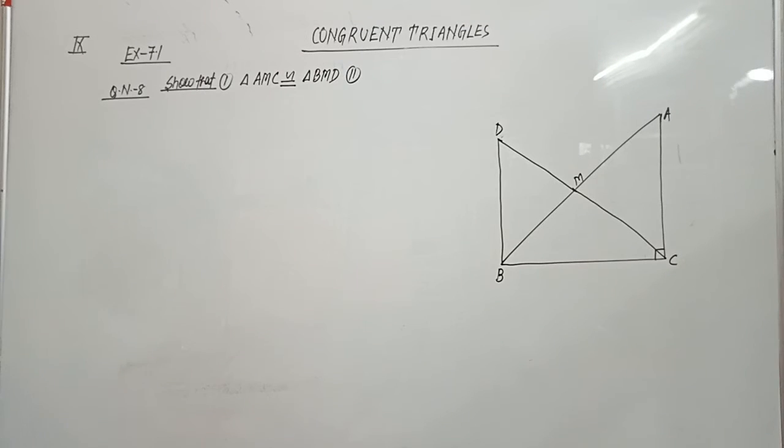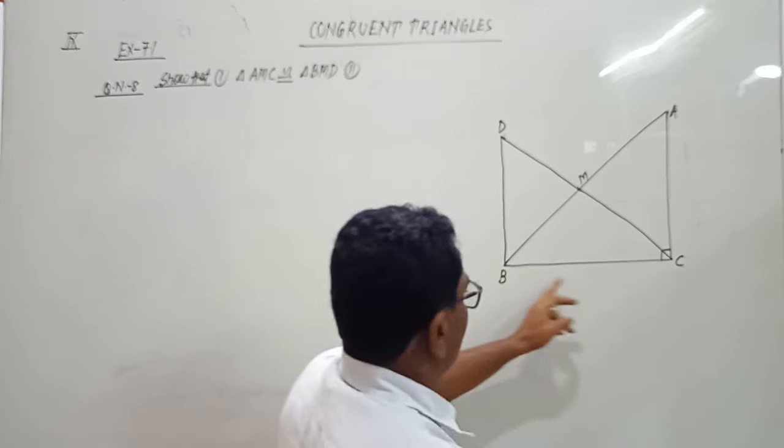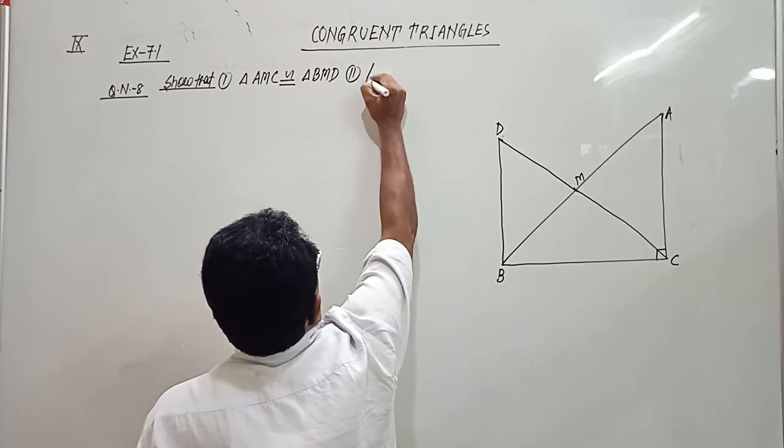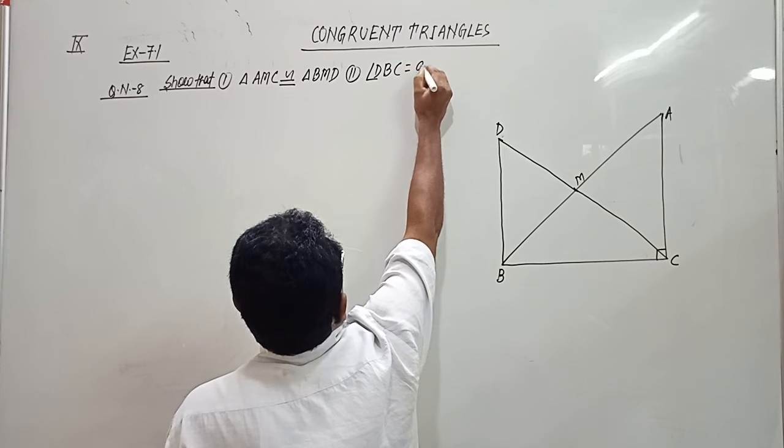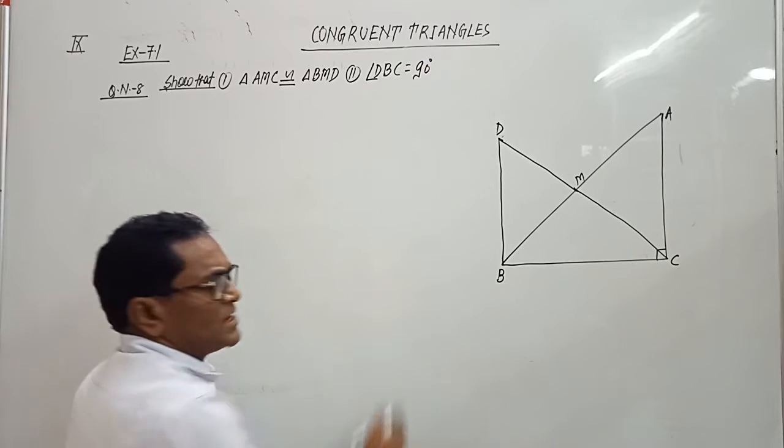And the second part, angle DBC is a right angle. Means we have to prove that angle DBC is 90 degree. Right angle means 90 degree.